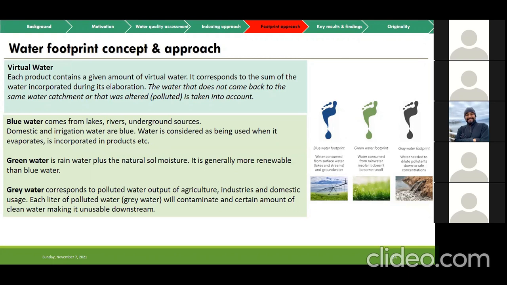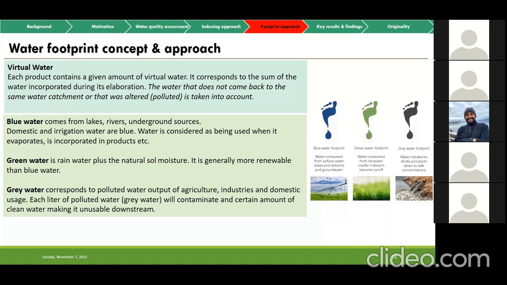So when the whole globe is going towards this concept, we as water engineers or environmental engineers need to see this concept and try to map our impacts, water quality challenges or pollution challenges on a scale of footprint. And for that, we need to understand what virtual water is. How we understand footprint is, every product that is being produced contains virtual water, produced in the back end in an indirect way.